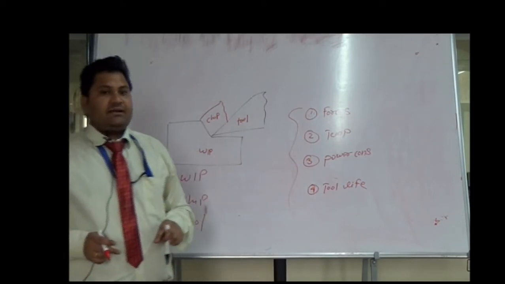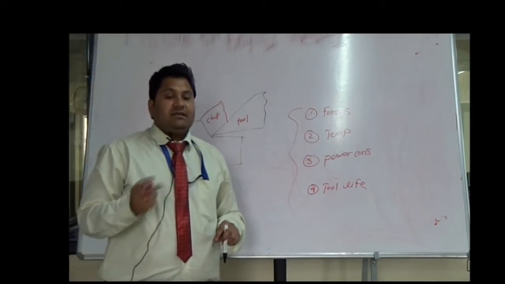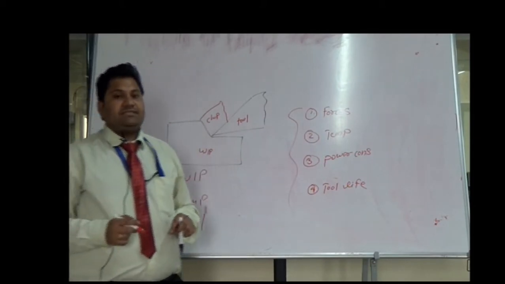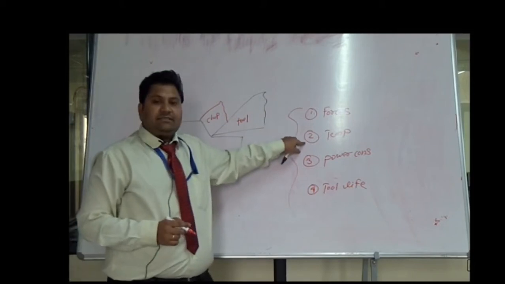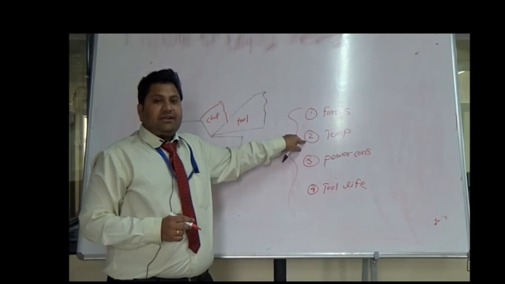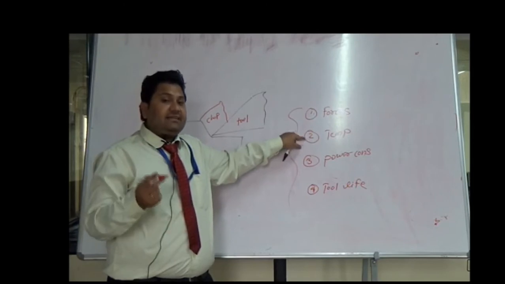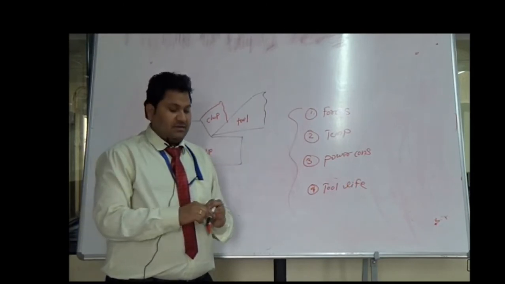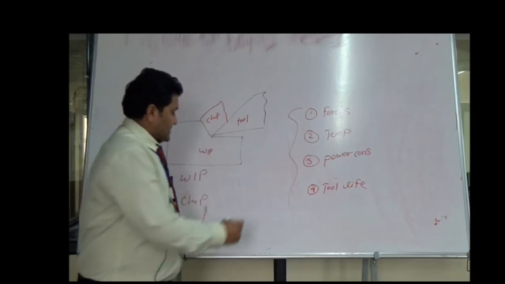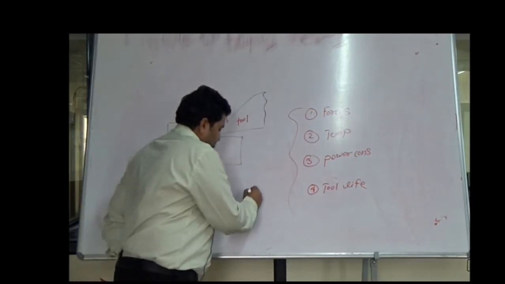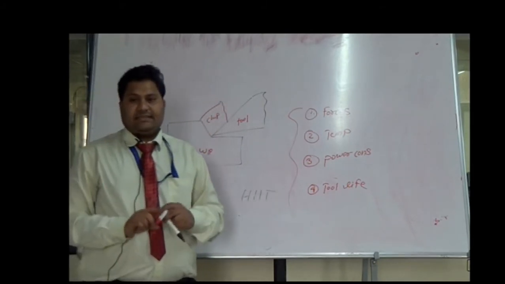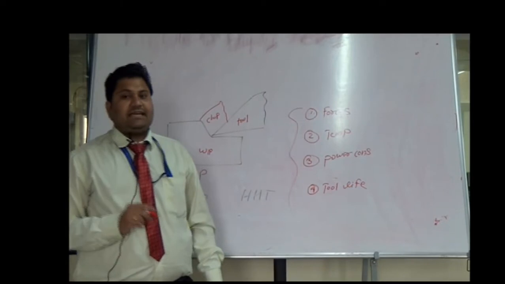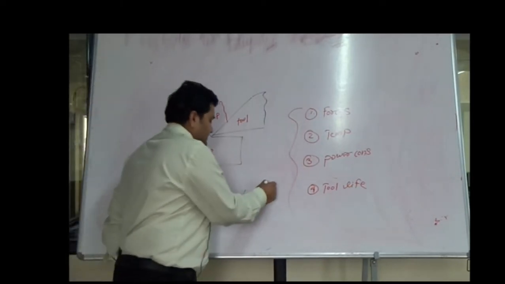Second, what is the basic criterion of machining? We know that large temperatures are induced during the machining. If the temperature induced during the machining is greater than the hot hardness temperature, HST, what is this HST? The HST is nothing but the hot hardness temperature.